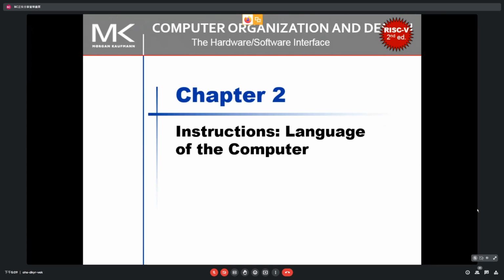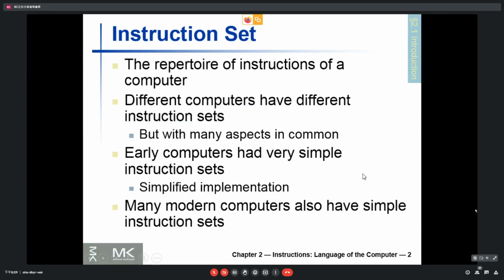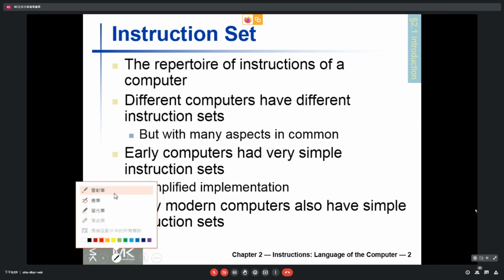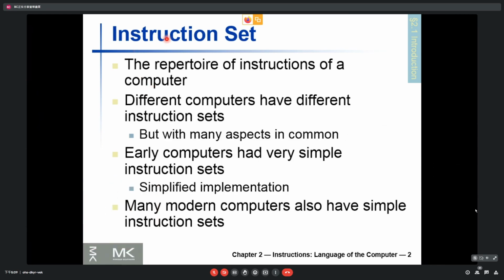So instructions are the language for computer. You tell the computer or tell the CPU what to do. Usually we call it instruction set, 就是我们叫它指令集. Instruction set is a set of instructions that you can use to tell the computer what to do.